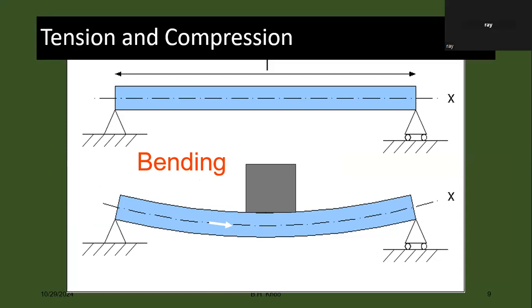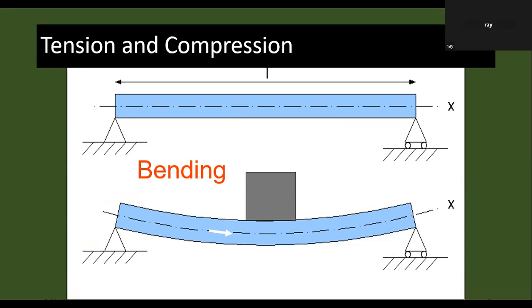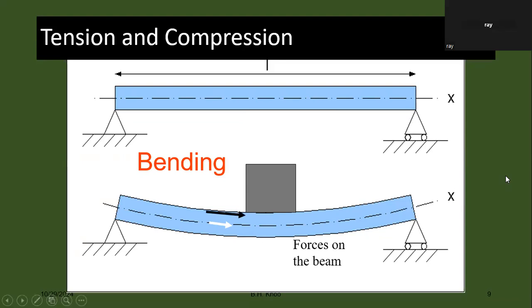So a beam will be horizontal, but when we add a heavy load there, it's going to bend. You should be able to see the arrow. The arrow is going out, so this is tension.